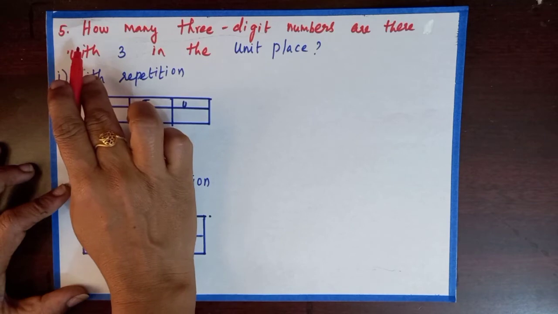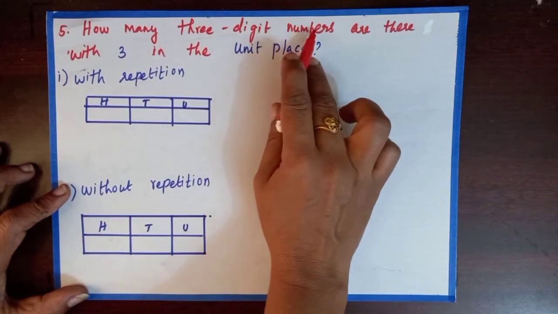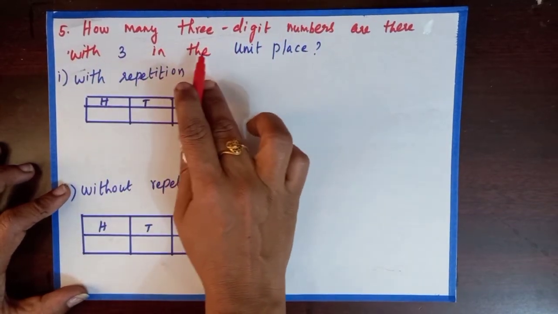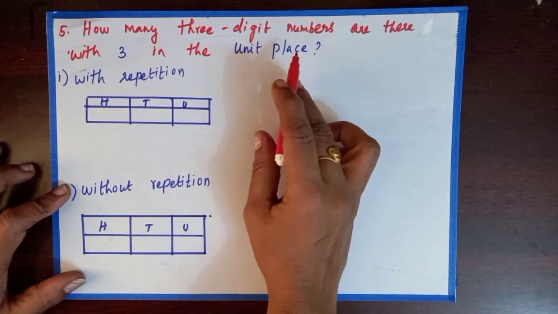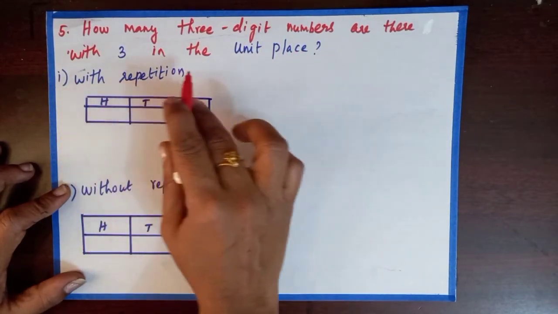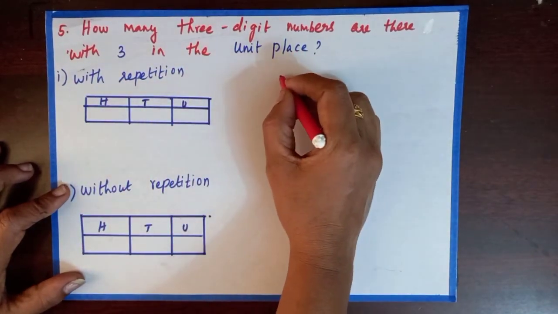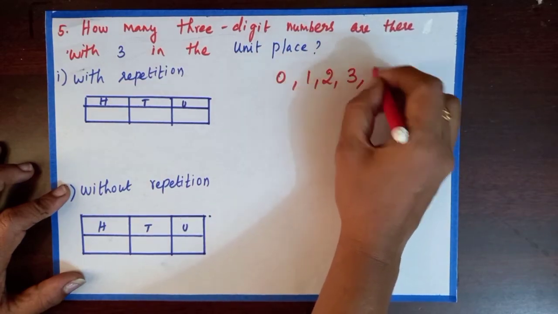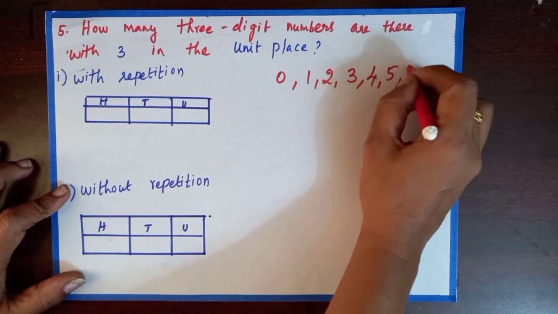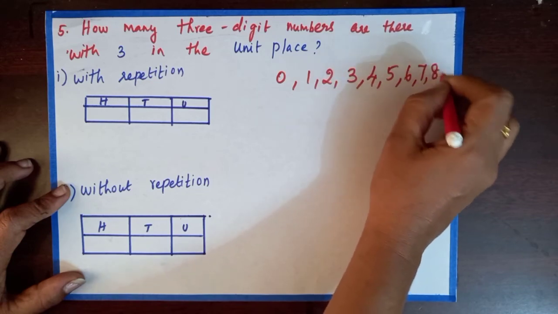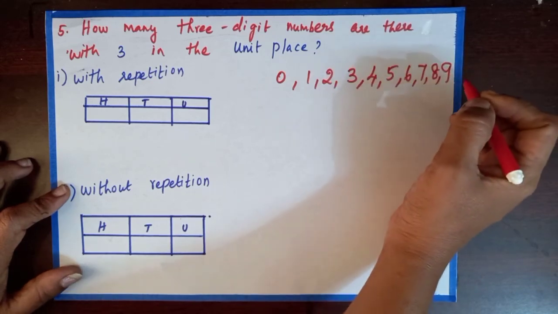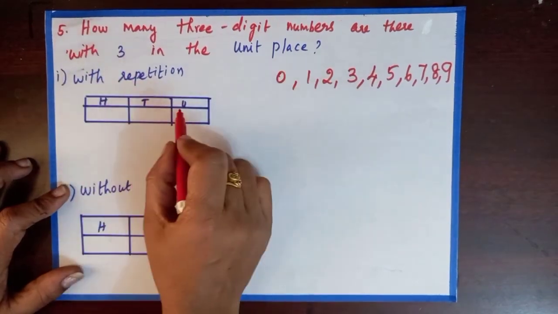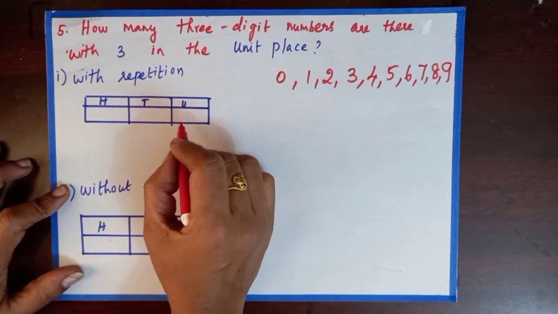Question number 5. How many 3-digit numbers are there with 3 in the unit place? First subdivision, with repetition. The given digits are 0, 1, 2, 3, 4, 5, 6, 7, 8, 9. Fix 3 in the unit place.